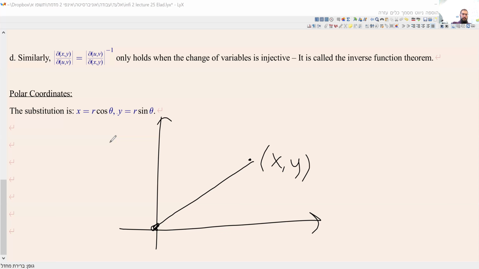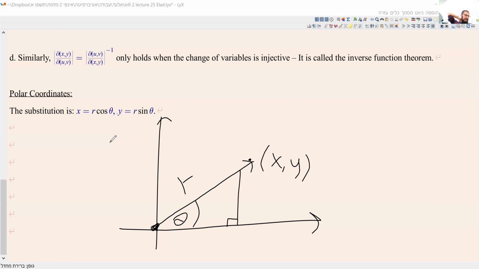One is the distance from the origin, which is denoted by r, and the second one is the angle between the vector of the point and the positive part of the x-axis. And by Pythagoras, or the basic trigonometric definitions, x is r multiplied by cosinus theta, and y is r multiplied by sinus theta. The circle with a line inside is called theta. Okay, it's a Greek letter.